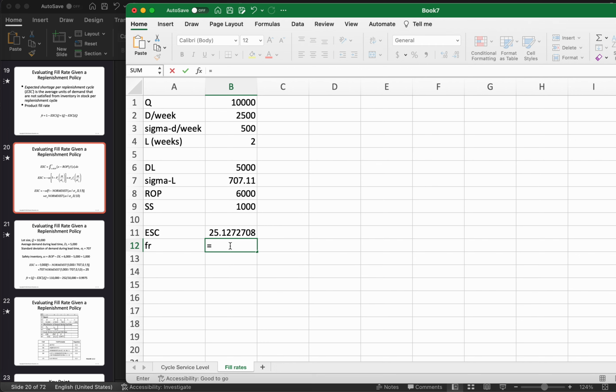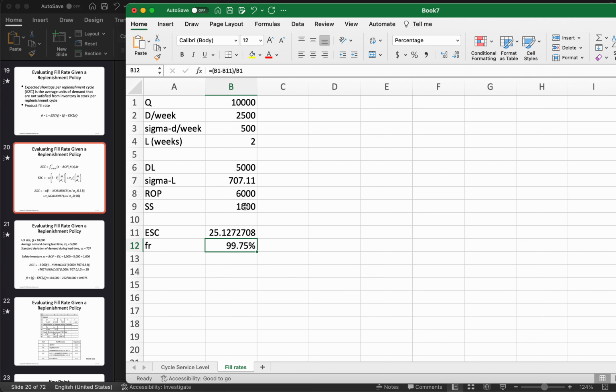So fill rate will be Q minus the expected shortage, divided by Q, which gives you 99.75, approximately. I'm going to make it a percentage with 2 decimals. So fill rate is 99.75%. So we'll be able to satisfy 99.75% of customer demand in this particular replenishment cycle. This is how you calculate fill rate given your safety stock and reorder point.